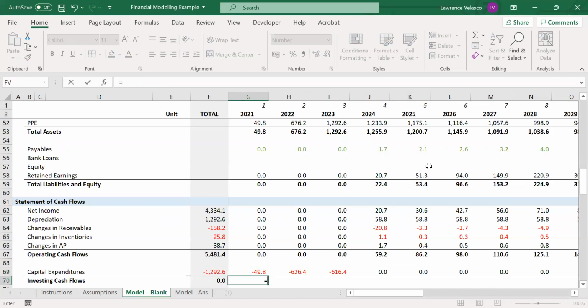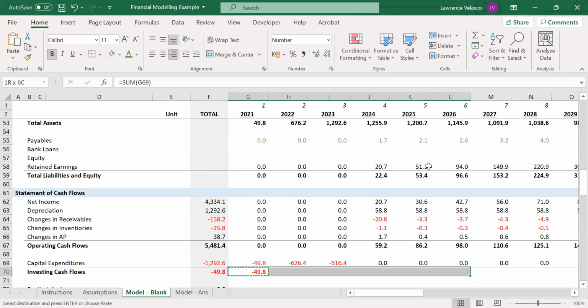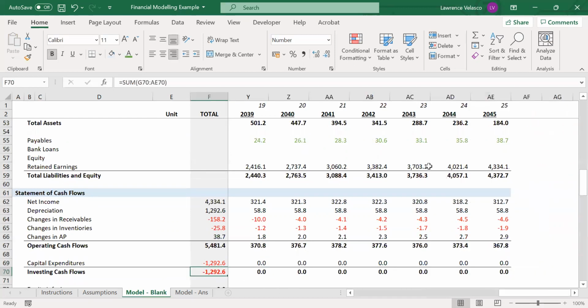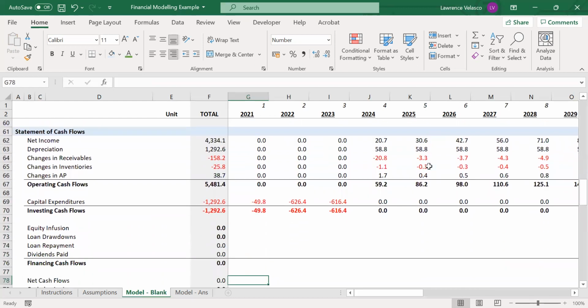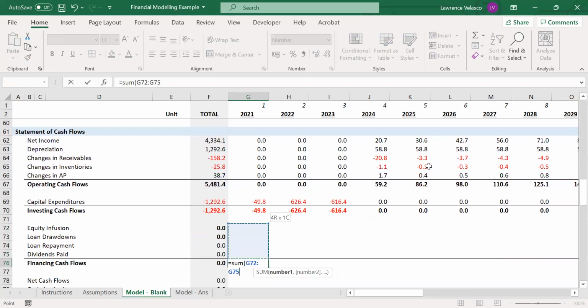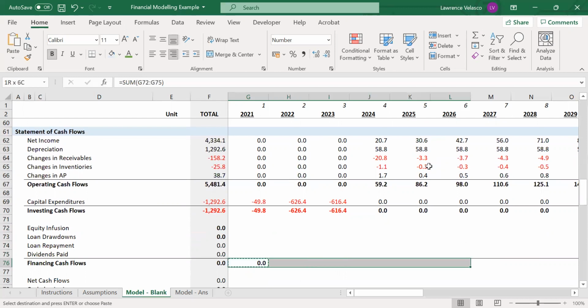And the sum, isa lang naman siya, so equal lang siya doon. Lastly, financing cash flows. 0, 0, 0 pa yan, pero gawin na natin yung sum, kasi hindi pa natin siya ginagalaw. Pero lagay mo na yung sum para madali na later.